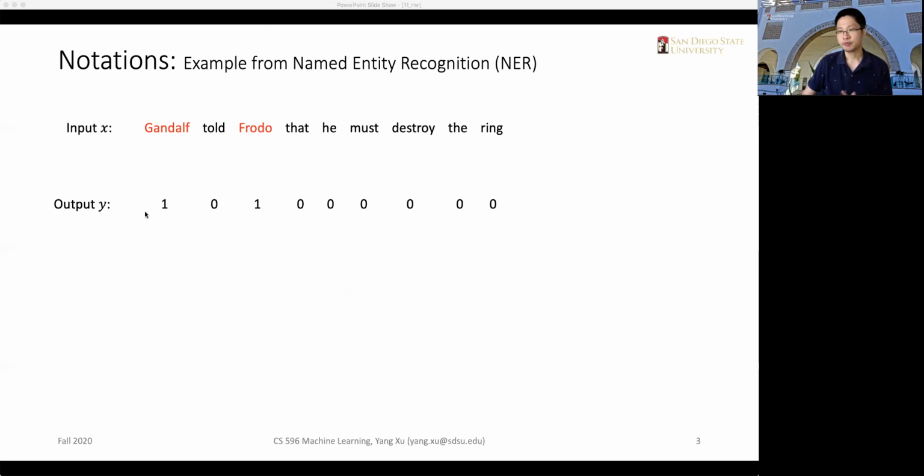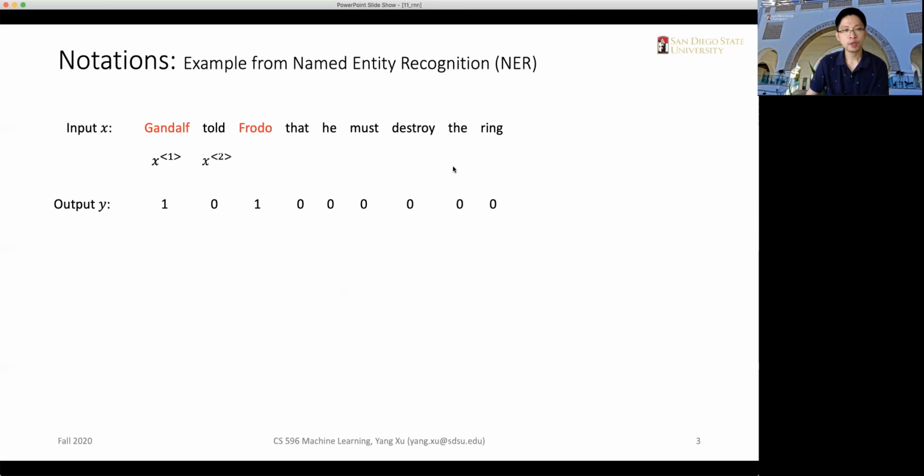We want the output to be 1 for these 2 words. And all the other words are not person's names, nor other entities' names, so the output should be 0. So this is a very simplified version of named entity recognition. We're just making binary predictions for each input element.